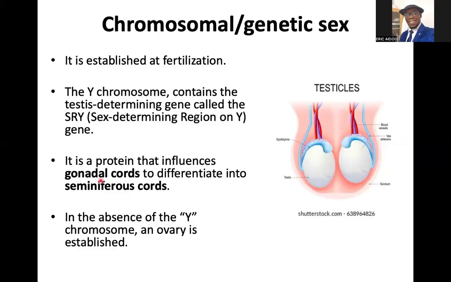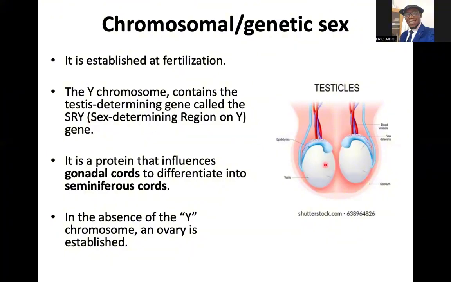You will come to realize that these gonadal cords are also known as the primitive sex cords, which are usually naive and can represent both the male or female at a point until it continues to differentiate. In the absence of the Y chromosome, an ovary will be established. All right. So that is the testicles. The Y chromosome contains the testis determining gene, called the SRY gene.